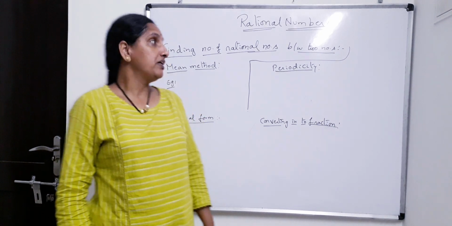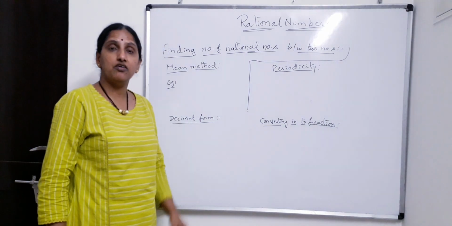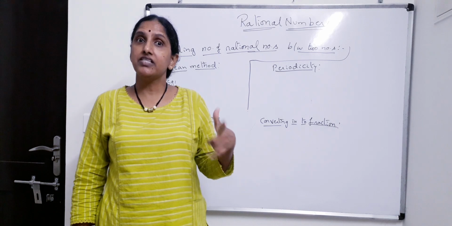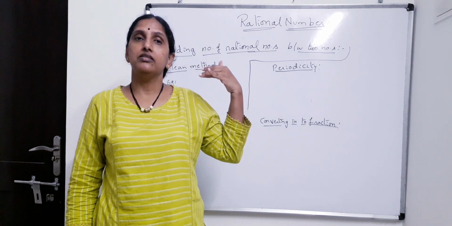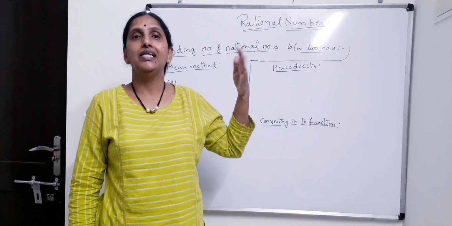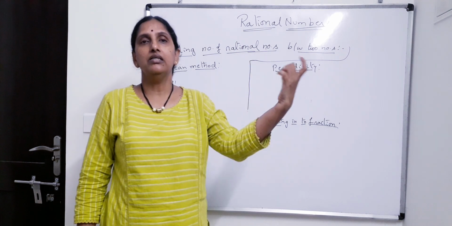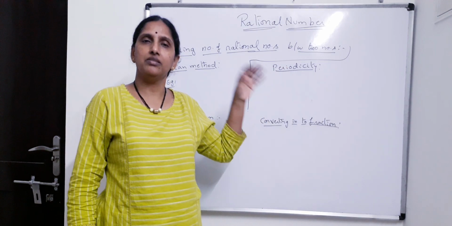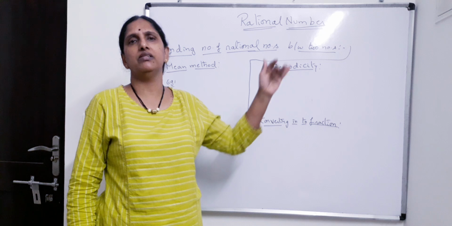Okay? Right. So, already we have discussed how to locate a rational number on the number line. We have seen that if the numerator is 1, it is very easy to divide the number line between two numbers into parts, for example 1 by 7, 2 by 7, 3 by 7.